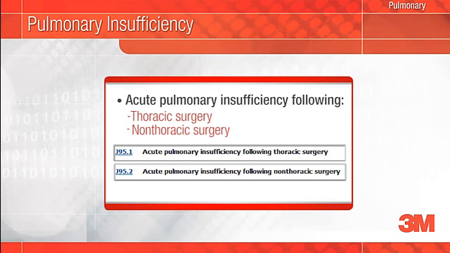FYI, one of the differences in ICD-10 is that pulmonary insufficiency due to surgery will be classified as either due to thoracic or non-thoracic surgery. Other causes of pulmonary insufficiency, such as chest trauma or hemorrhagic shock, when known or suspected, should also be documented in terms of cause and effect.